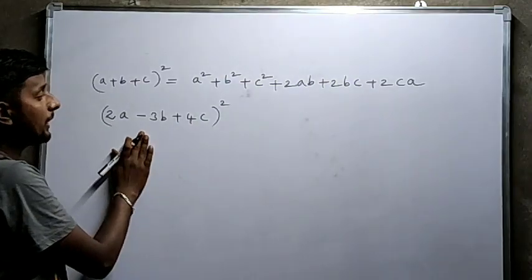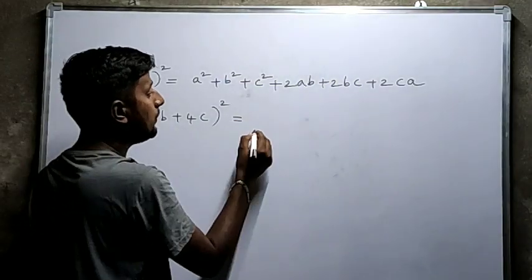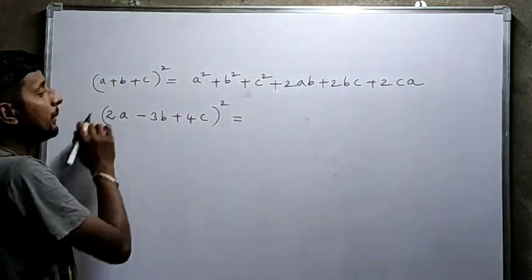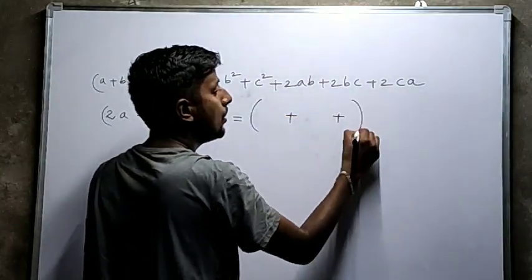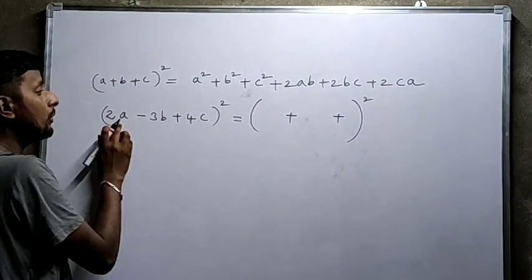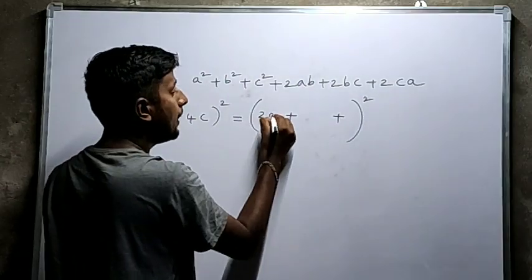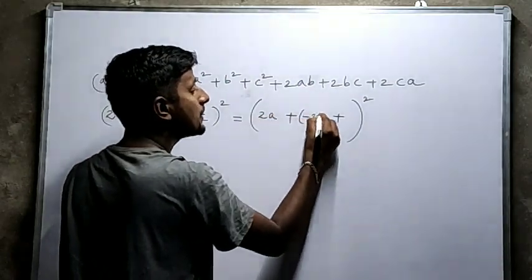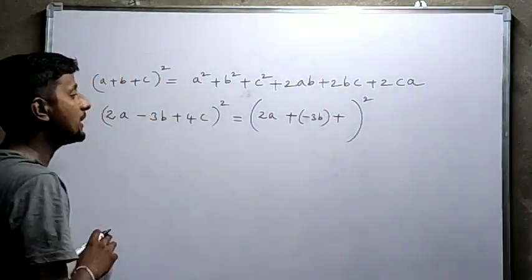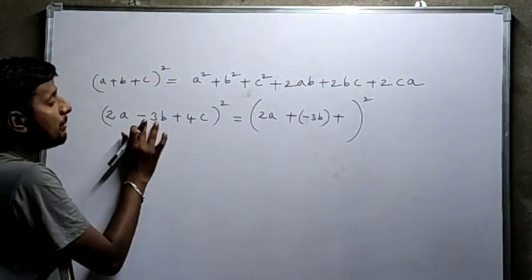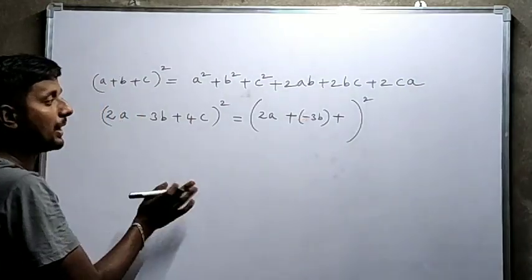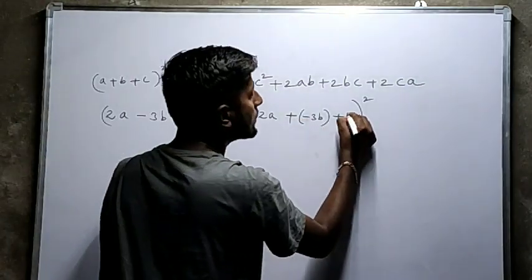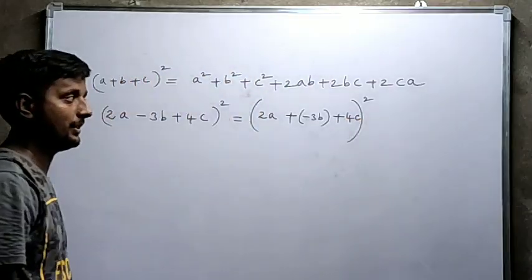In the next step I'll write, we have all pluses only, am I right? So I'll write plus, whole square. Look at 2a as it is, I'll write 2a, after plus I'll write a minus of minus 3b. That means I have written minus as a plus into minus again minus only, minus 3b plus 4c whole square as it is. Okay.